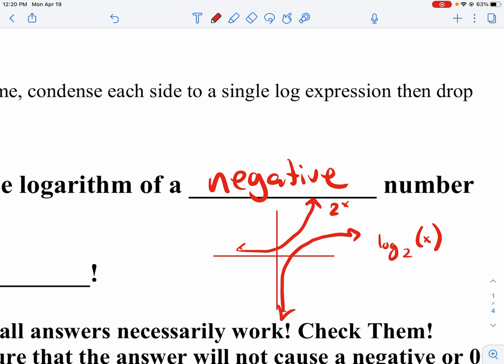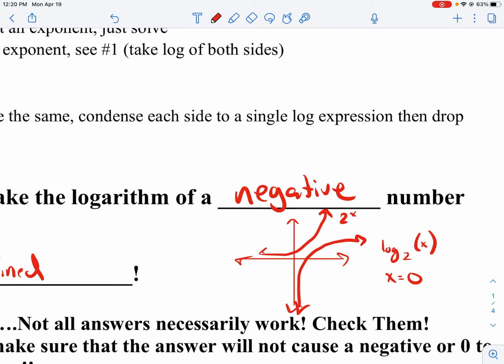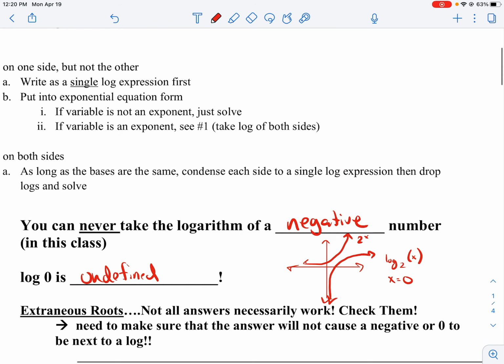And so, if you look here, we're getting an asymptote for this guy right here at x equal to 0. Right? So it makes sense that we can never take the log of a negative number because technically, in dealing with logs, there is no negative number. And of course, it never reaches 0, so we can never have an x value of 0 when solving for logs. So you can never take the log of a negative number, or the log of 0 because, well, neither one of them exists.